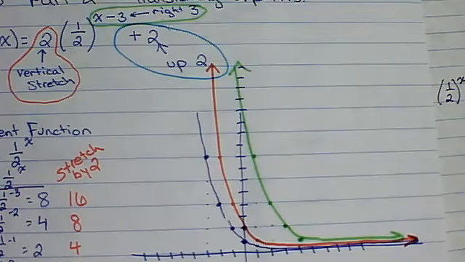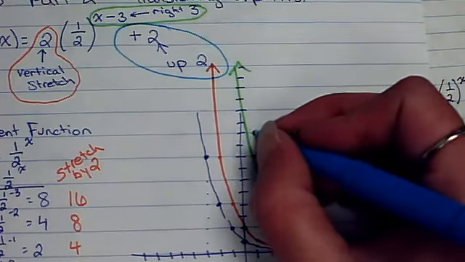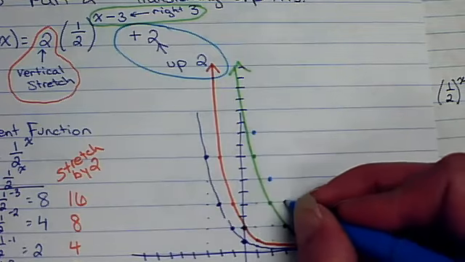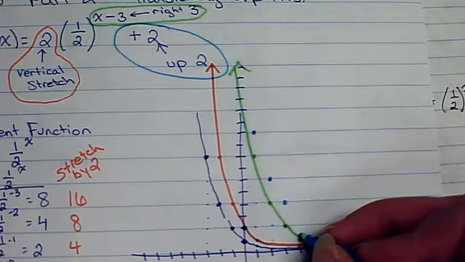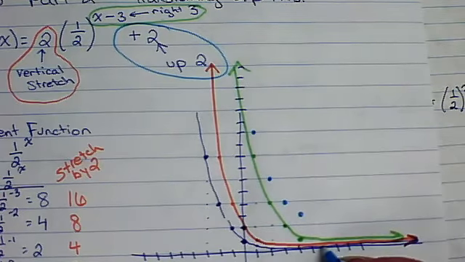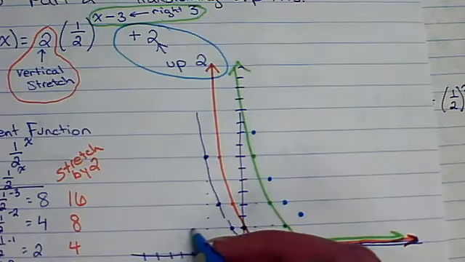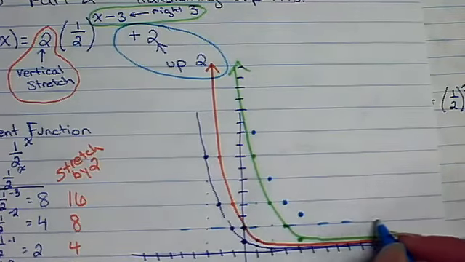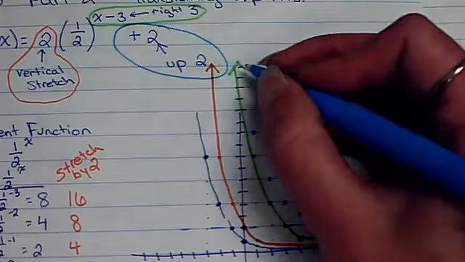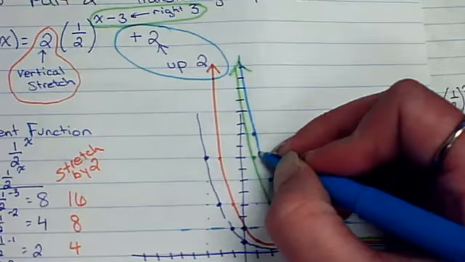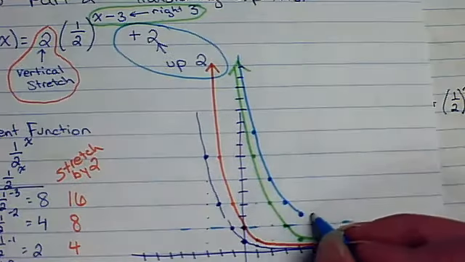Now, my next movement is to go up 2, and I'm doing that in a very pretty blue. Up 2, up 2, up 2. This was 1, so up 2 would be there. What is that going to do to my horizontal asymptote? Well, guess what, folks? Everything moves up 2, including my good old horizontal asymptote.